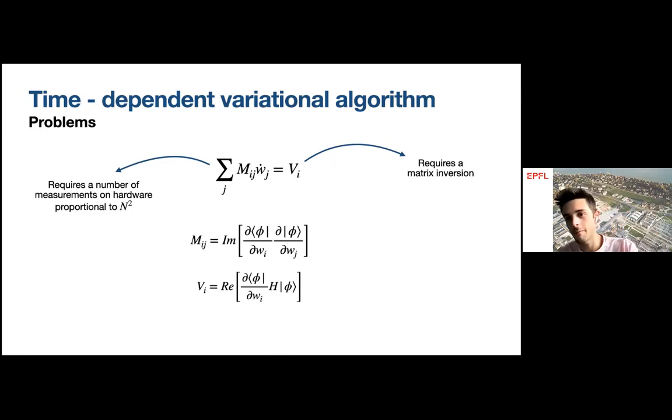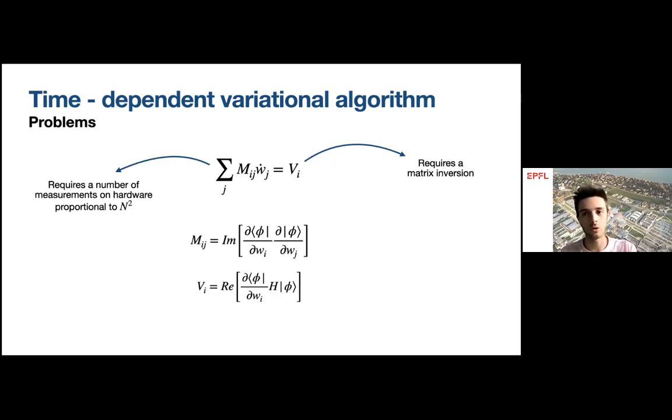Analytically this is not a problem, but if we do it numerically, the matrix M_ij can be ill-conditioned, with very low elements on the diagonal and close to zero off-diagonal elements. So it can be very, very difficult to invert.